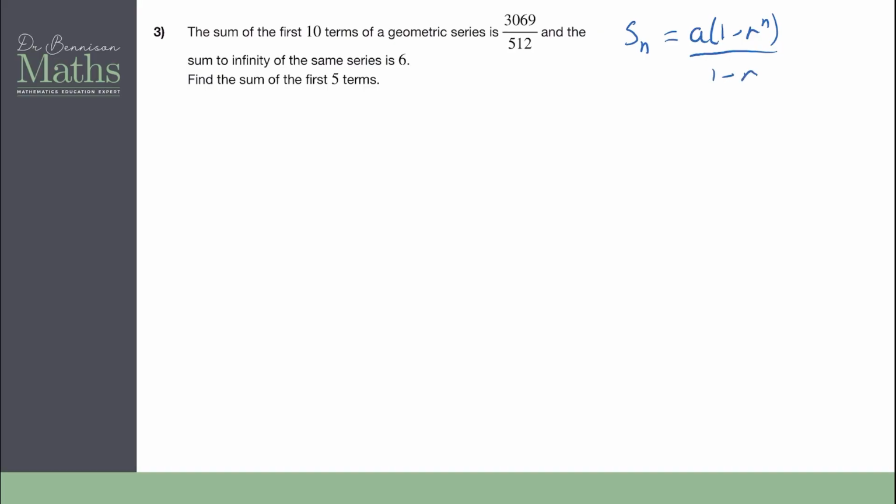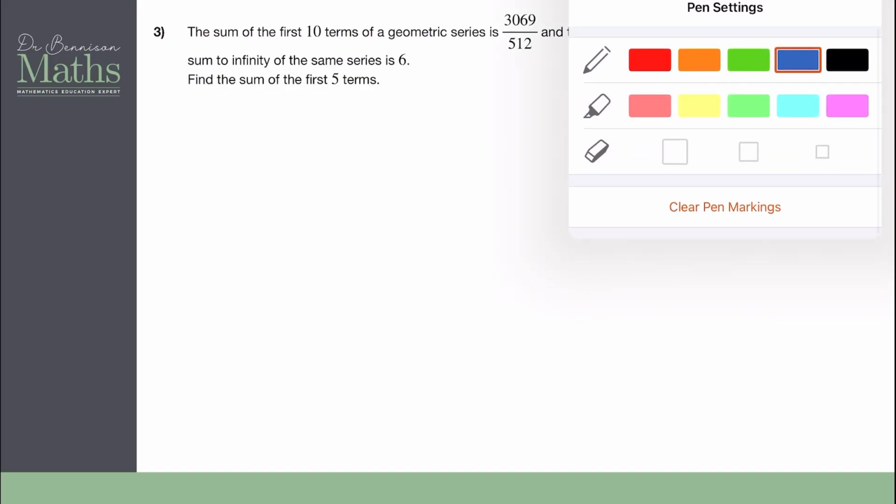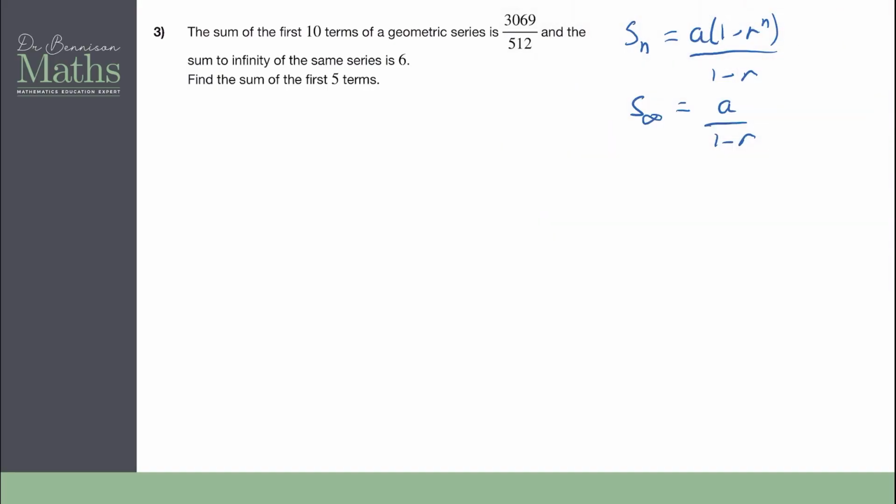And here the sum to infinity is 6. So we also have the formula S infinity, or sum to infinity, is a over 1 minus r. So we're going to use those.